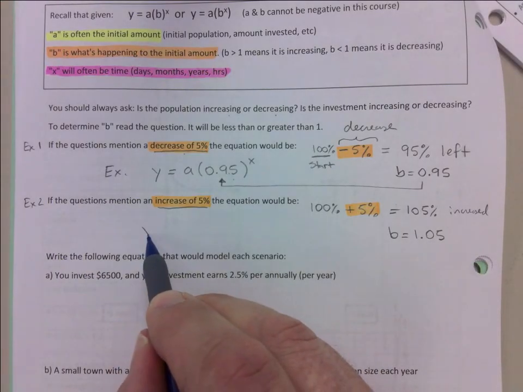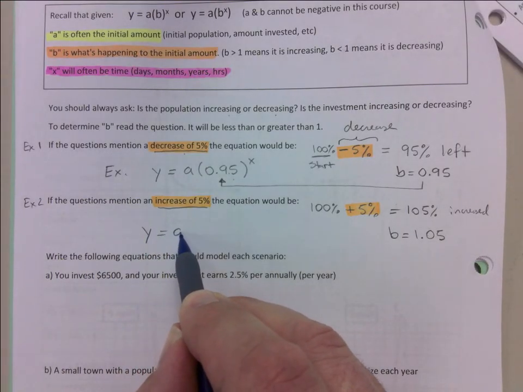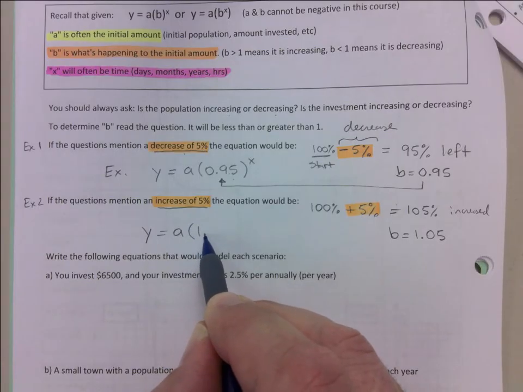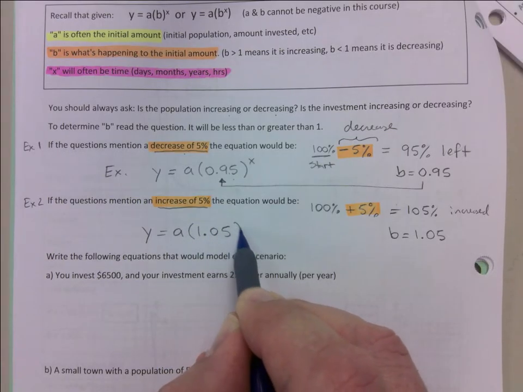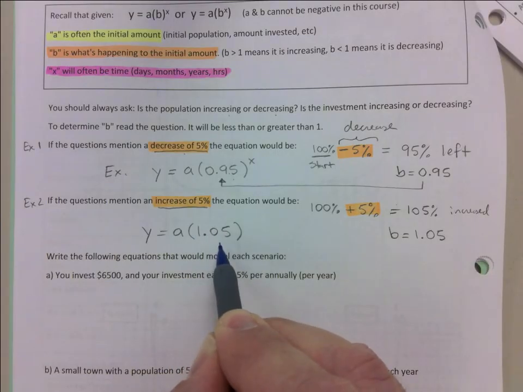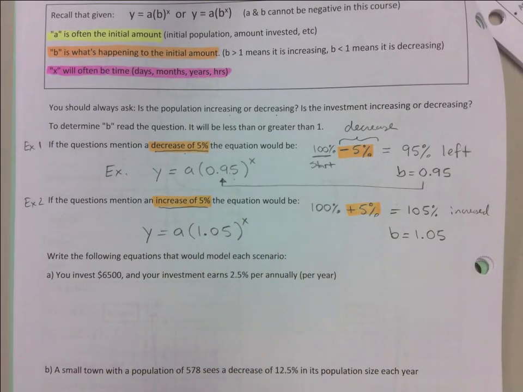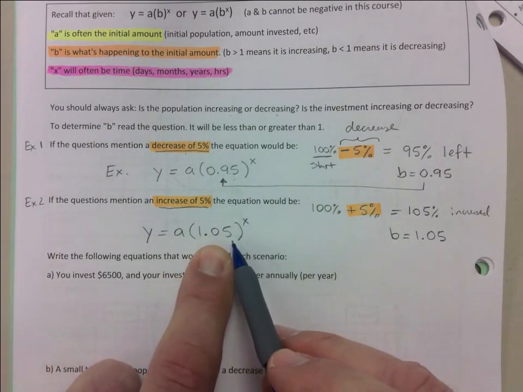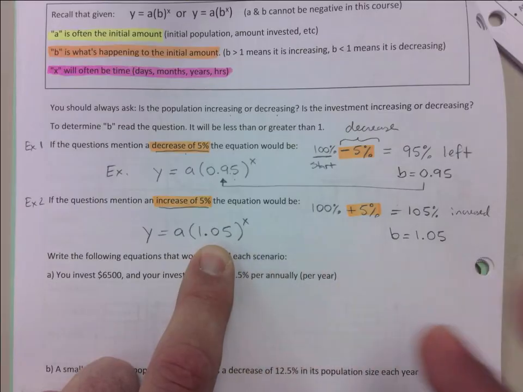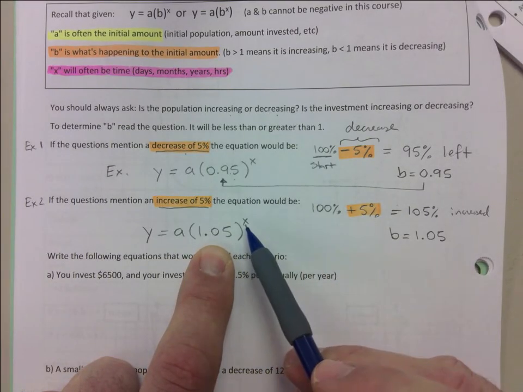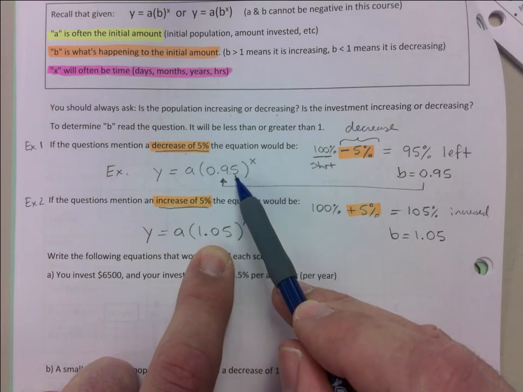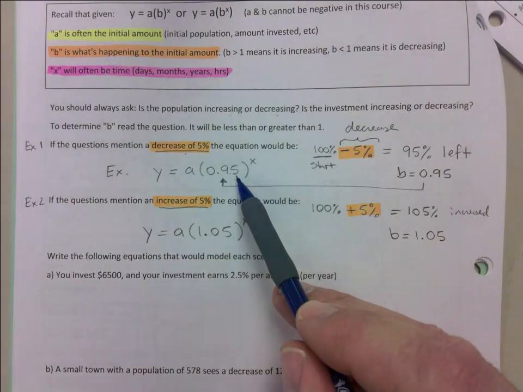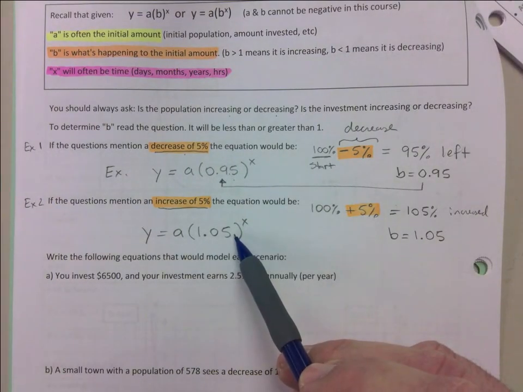So my resulting equation, we don't know what A is just yet, but we do know that what goes in the brackets, which is the variable B, would have to be 1.05. So here you observe a 5% increase per, let's say, per year. Here you observe a 5% decrease per year. So you're always wondering, what's happening from 100%? Are you going down or up from it?